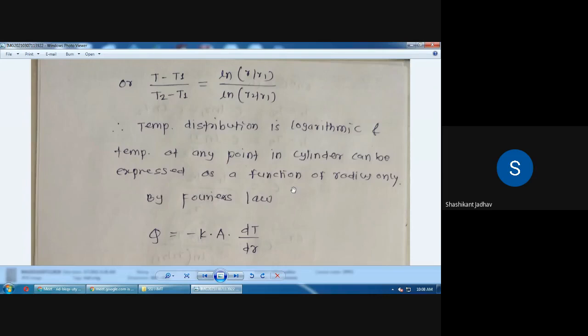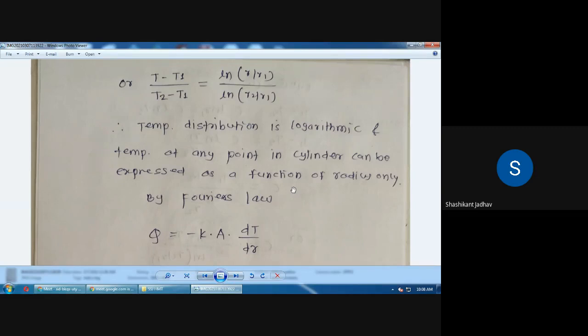Temperature distribution is logarithmic, and from this equation we can say that temperature at any point in cylinder can be expressed as a function of radius only. म्हणजे according to radius that temperature will be changed. Okay, so all of you write down the statement.